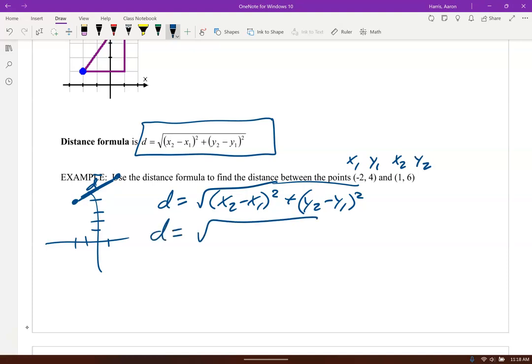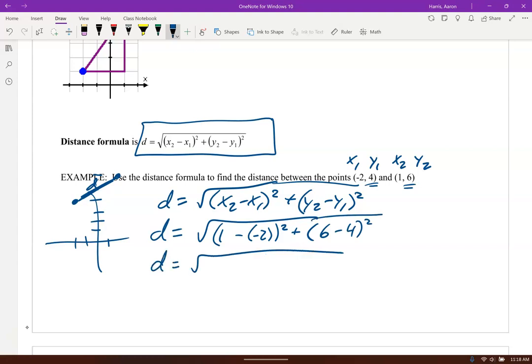Distance is x2, which is 1, minus x1, which is -2, squared, plus y2, which is 6, minus y1, which is 4, squared. So 1 plus 2, I got 3 squared plus 2 squared. So I got 9 plus 4, so the square root of 13.